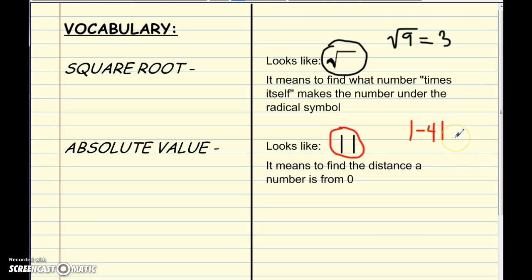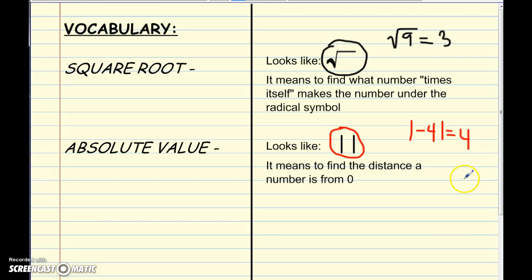Imagine that you're standing on -4. How many steps would it take you to get up to 0? It would be 4. Notice this answer is positive even though the number inside the absolute value symbol is negative. That's because we're talking about distance, and unless there is something out front, whatever's inside here is always going to be this positive number.